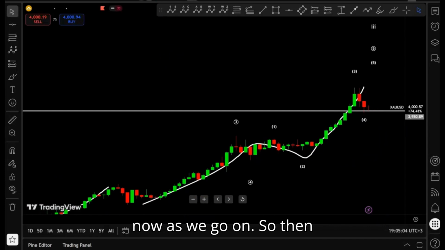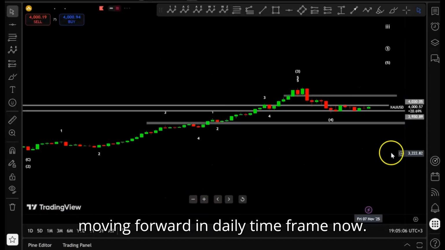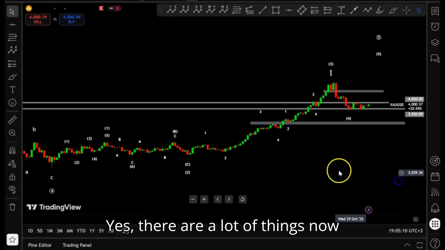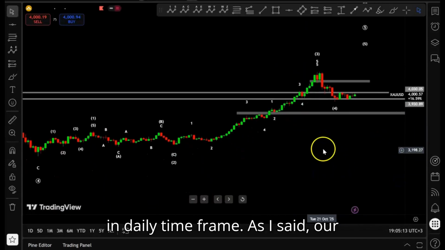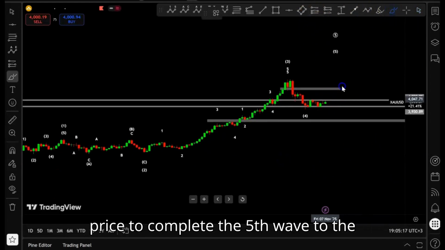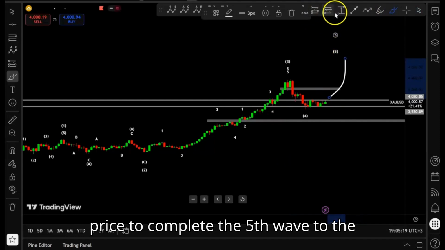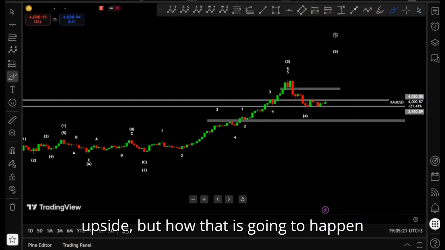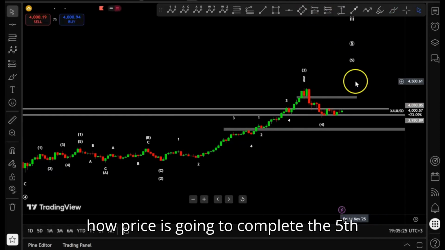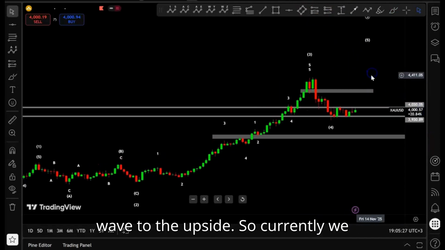So then moving forward in daily time frame, now yes, there are a lot of things now in daily time frame. As I said, our primary projection is we may be expecting price to complete the 5th wave to the upside, but how that is going to happen now, the breakdown will show us clearly how price is going to complete the 5th wave to the upside.